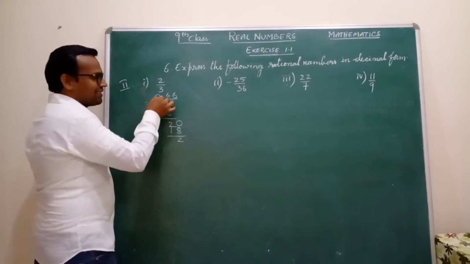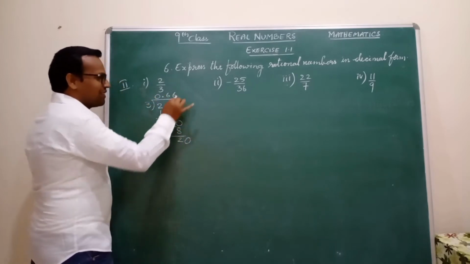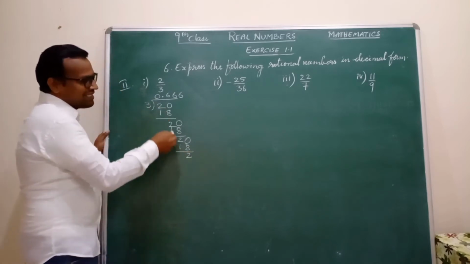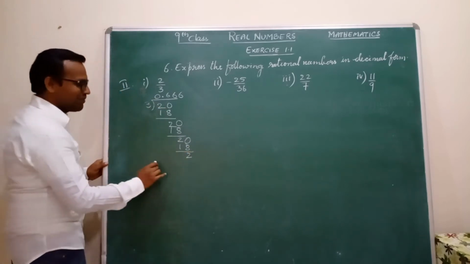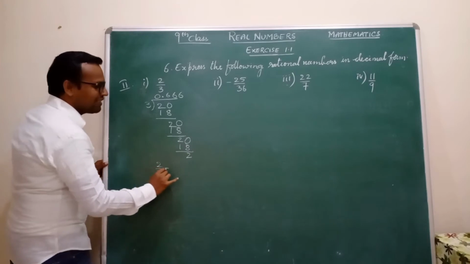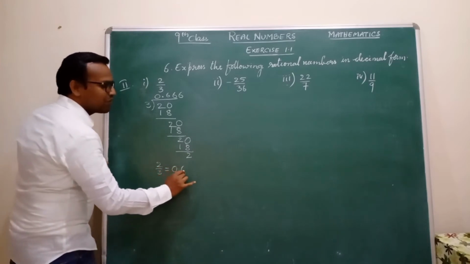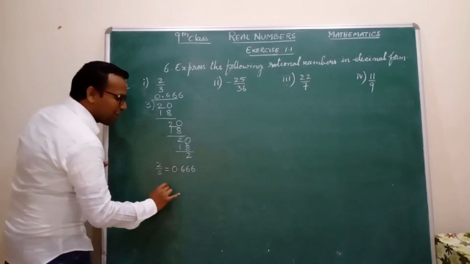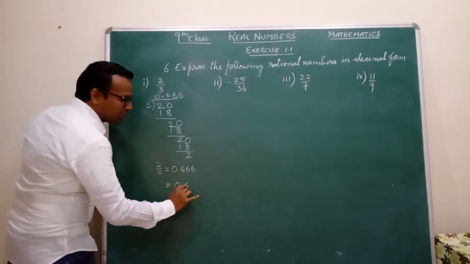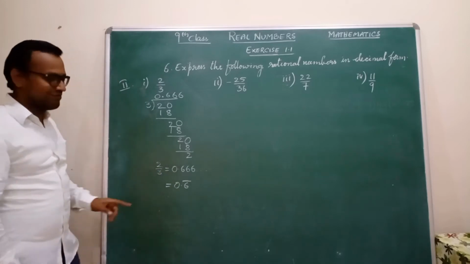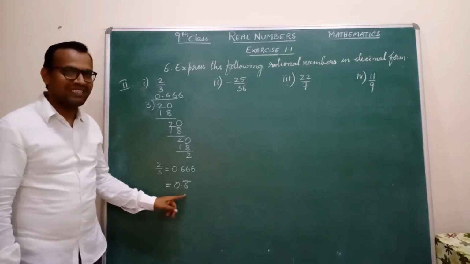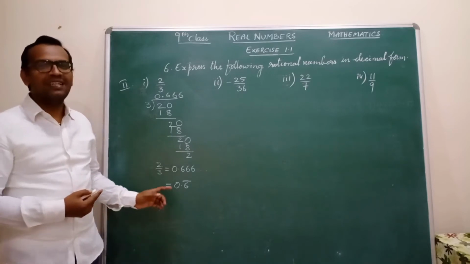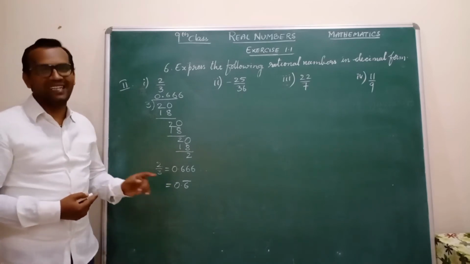Difference is 2. Decimal is there, so take 0. 3 6s are 18. So 2, that means it is repeating. So 2 by 3 is nothing but 0.666 and so on, which is also written as 0.6 bar. If you put a bar on a digit, that means it is a recurring decimal. So it is a non-terminating and recurring decimal.